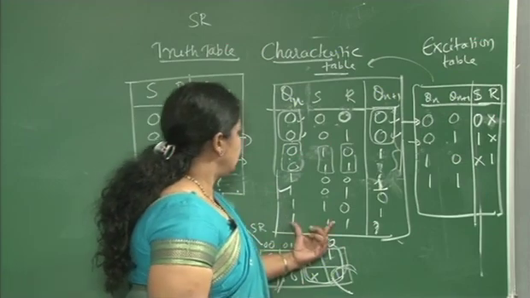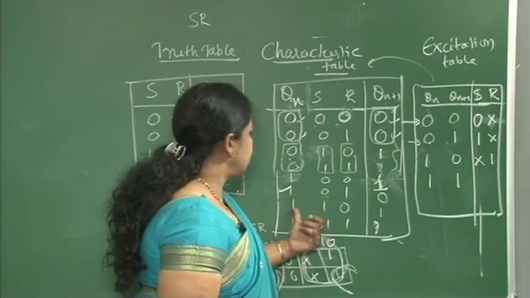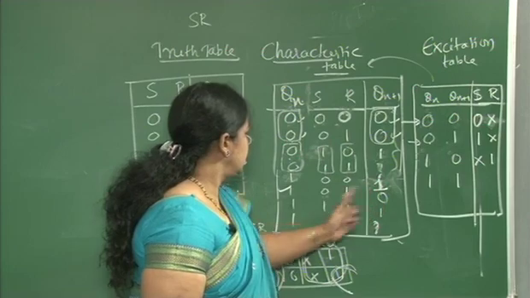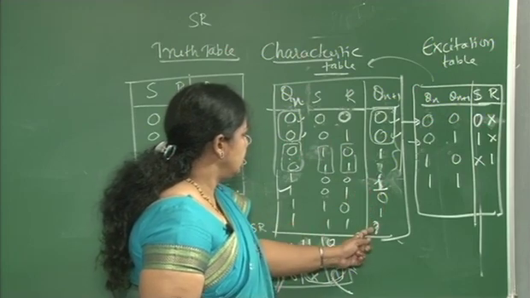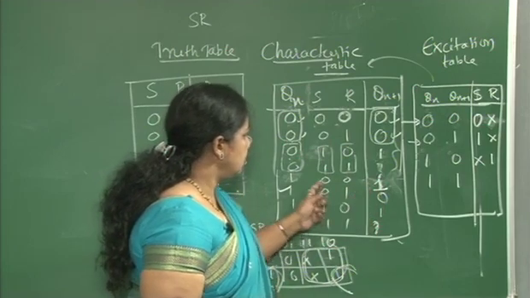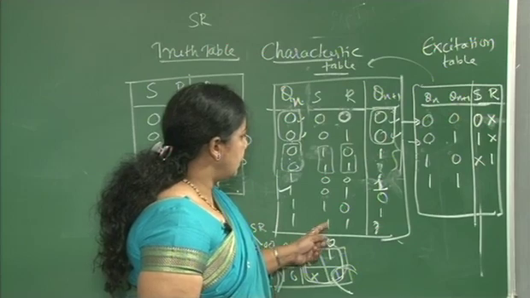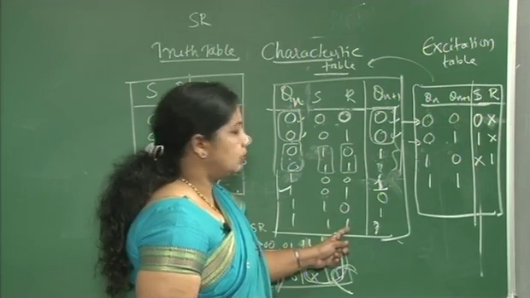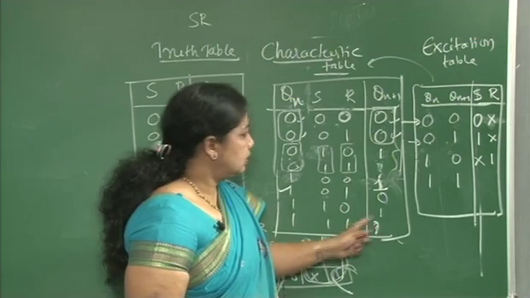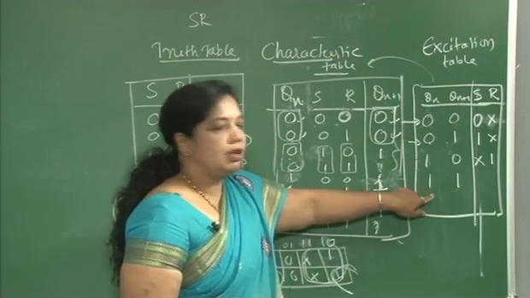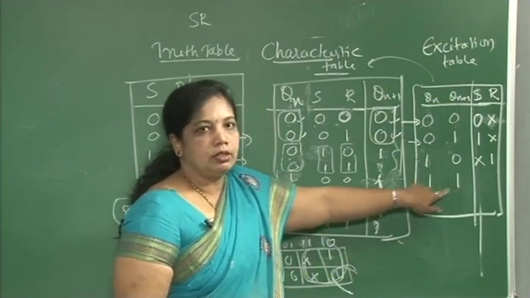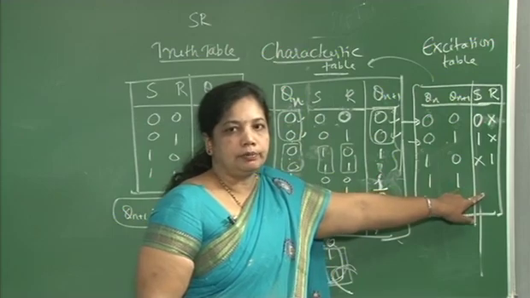The last condition is the 1 and 1 condition. In this condition, S as well as R both are changing. Since I am giving this 1 as a forbidden condition, I will be unable to predict here.